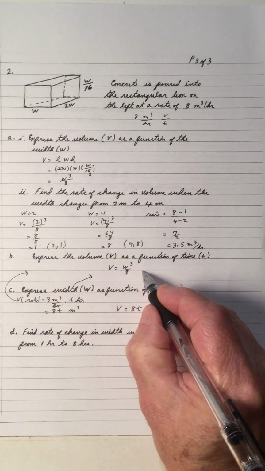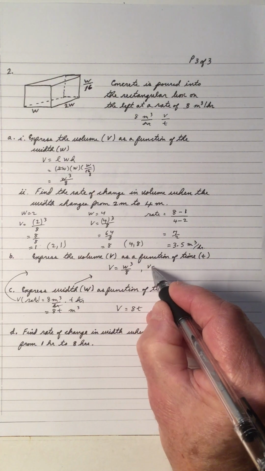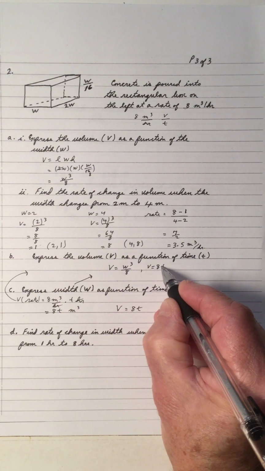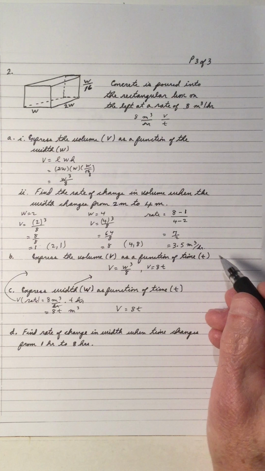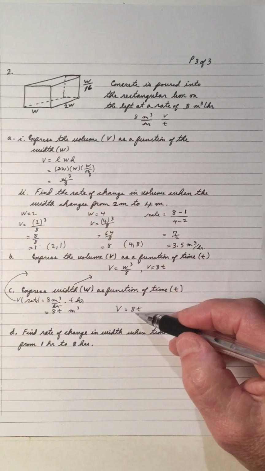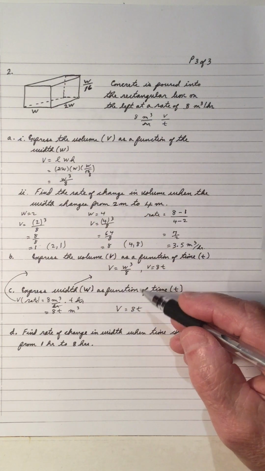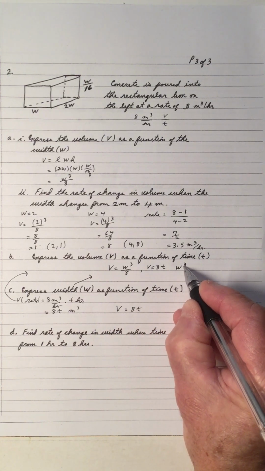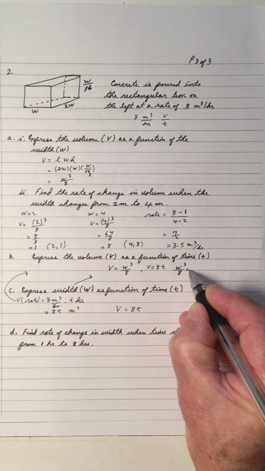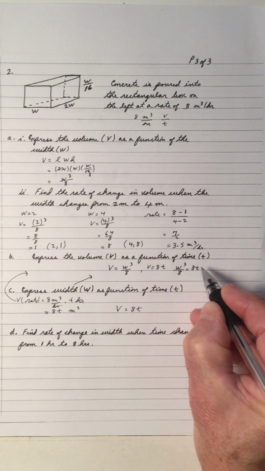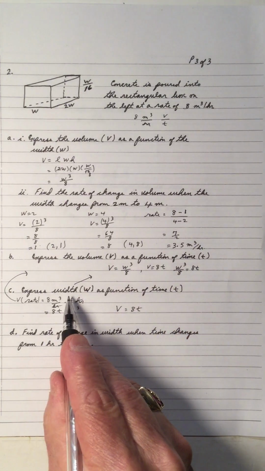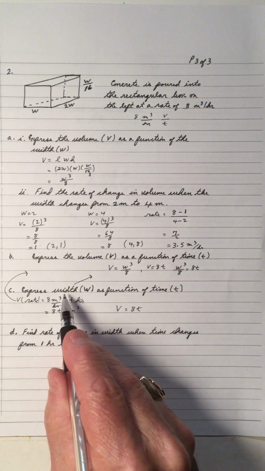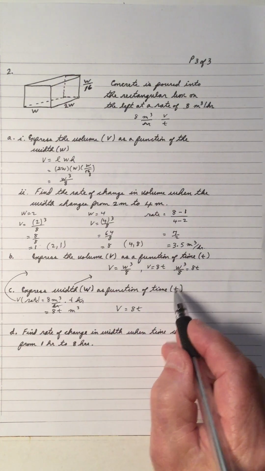If you look here, I have the volume is 8T. So this equation and this equation will go together, because if I substitute, I'll get W cubed over 8 equals 8T. So notice I want the width as a function of time. So the width is on the left, time is on the right.